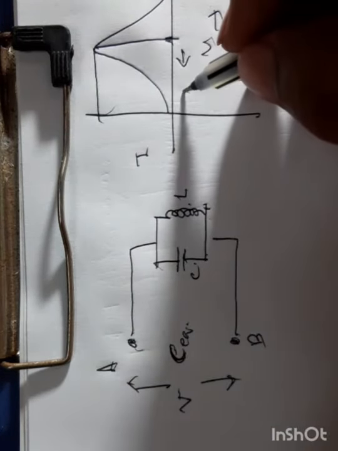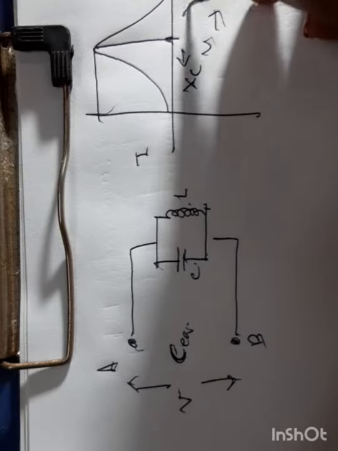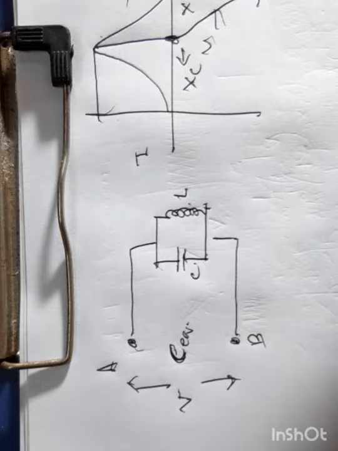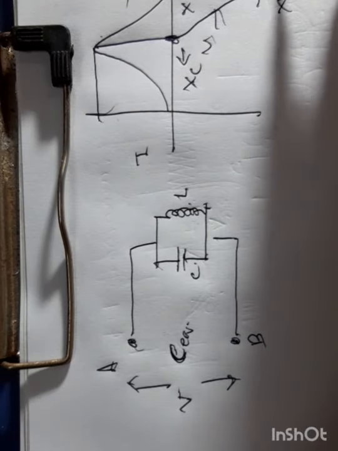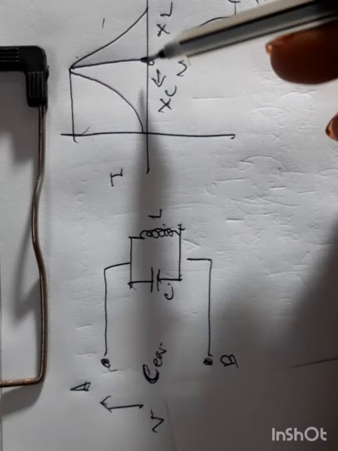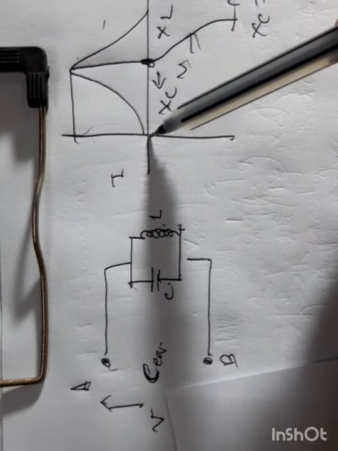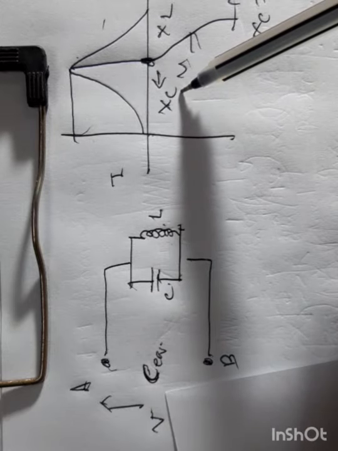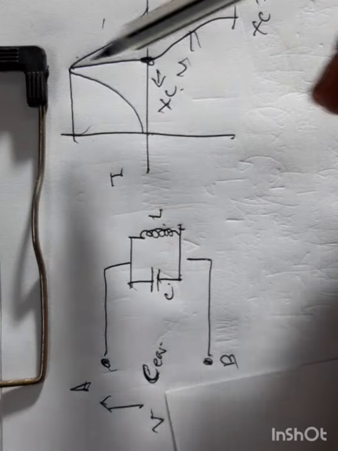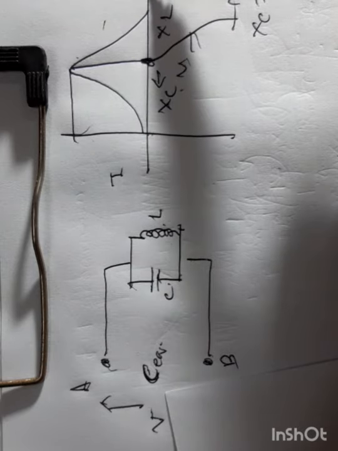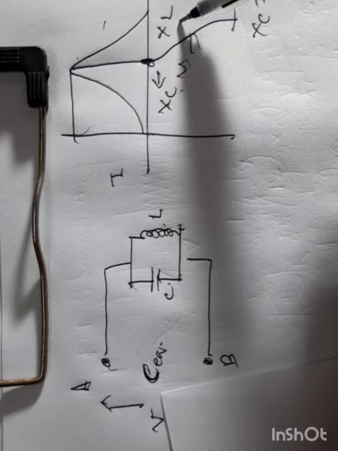Here XC is greater than XL. At the point where the current is maximum, XC is equal to XL. Below this voltage there is low current, which is due to capacitive reactance. Above this V, again the current is less, which is due to inductive reactance.